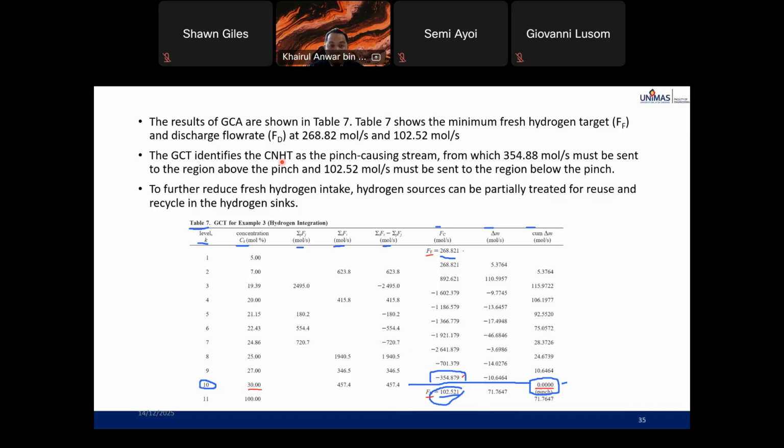Unify the CNHT as the pinch causing stream, from which 354.879 mole per second must be sent to the region above the pinch, and 102.552 mole per second must be sent to the region below the pinch.